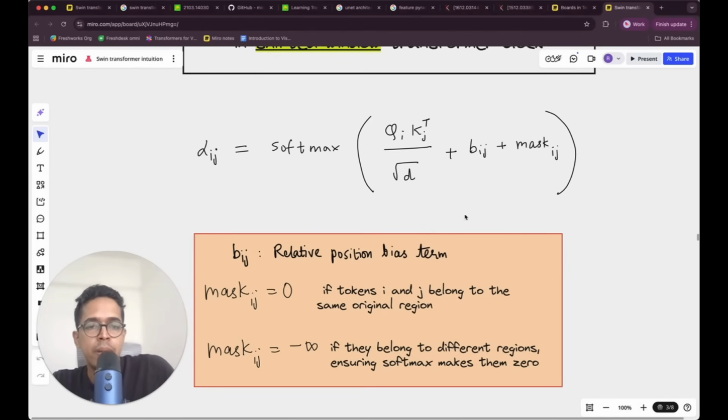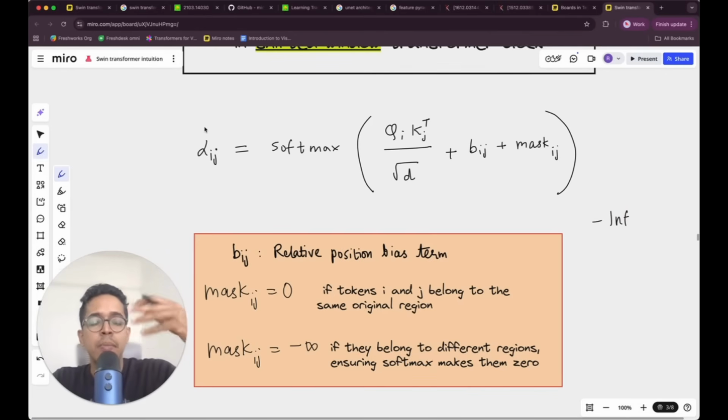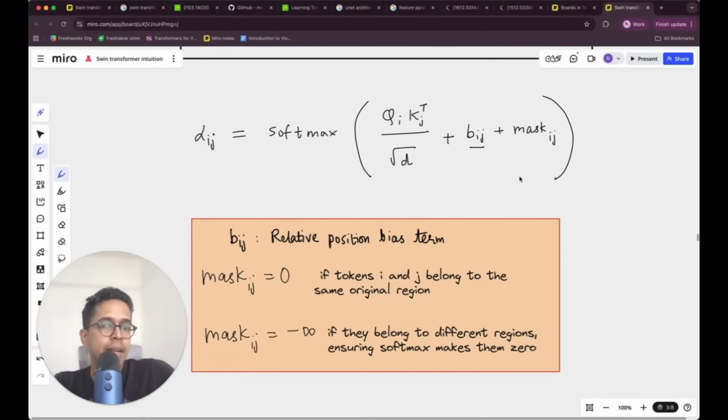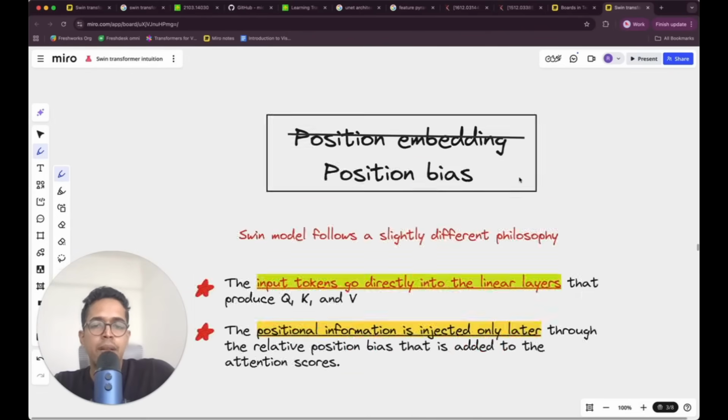In Python, when you implement, you will say mask ij is minus inf. That ensures that when you take the softmax, this alpha ij, the attention score between those query-key pairs, will be 0, because they belong to two different windows. But the relative position bias term remains the same. So this is one detail which is very difficult to understand from the paper.